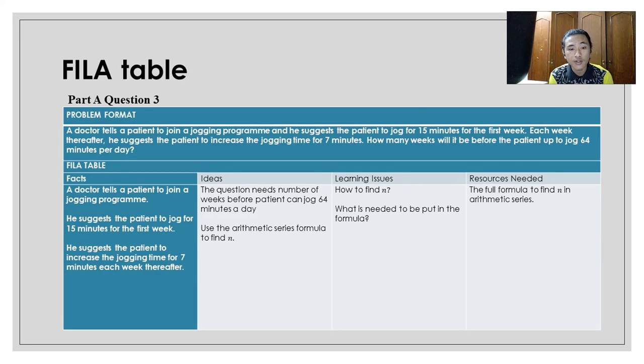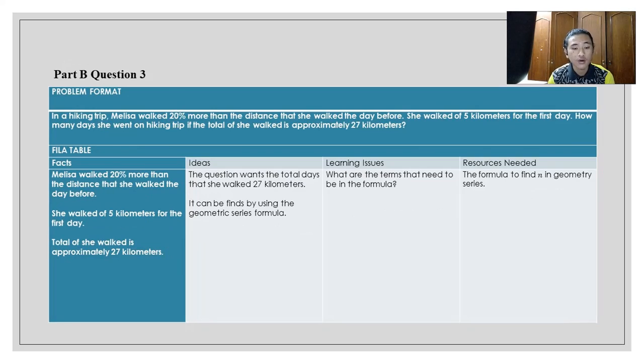For part B, question 3, there are also 3 facts about the question. The first one is Melissa walked 20% more than the distance that she walked the day before. And the third fact is the total she walked is 27 kilometers.